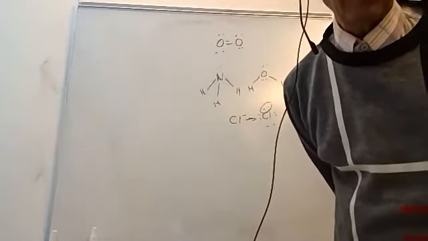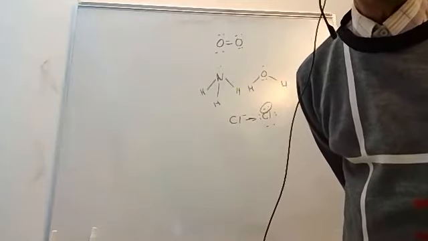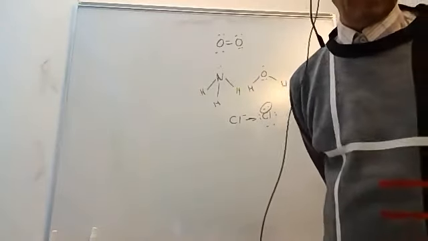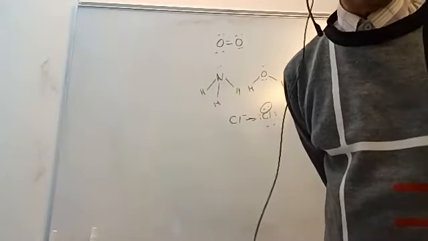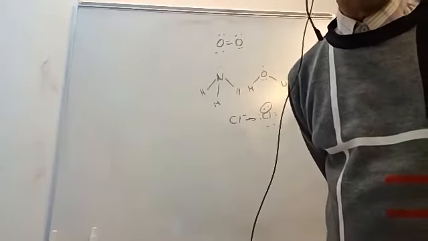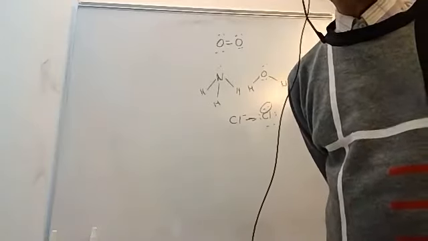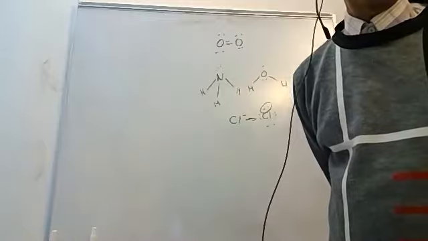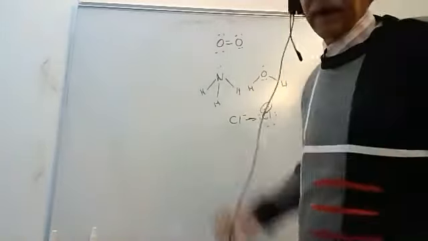The fact that we are all alive and breathing is because of the ligation capacity of oxygen to bind with heme. So when you breathe in air, the oxygen in the air binds with the iron of the heme or hemoglobin, which carries this oxygen to different parts of the cells and delivers the required oxygen. That binding of oxygen to the hemoglobin is because of the presence of a pair of electrons.